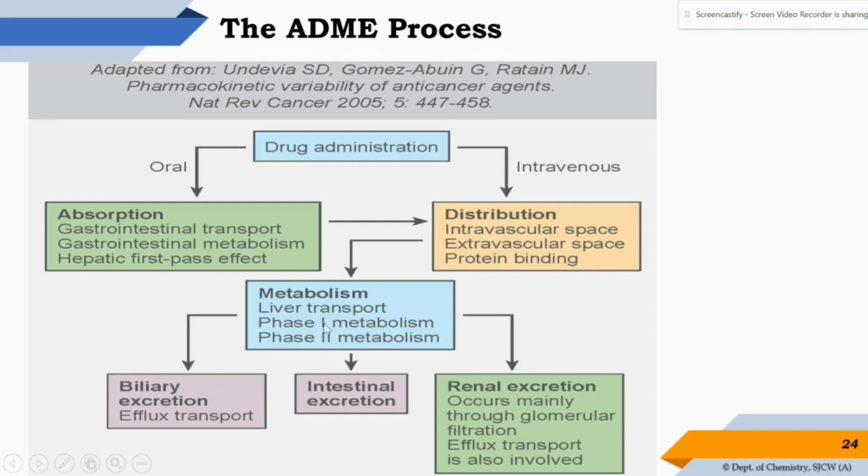In the liver, phase 1 and phase 2 metabolism, biliary excretion in the form of stools, renal excretion in the form of urine, and other minor forms of excretion. So finally we have seen that in pharmacokinetics, what the body does to the drug is it will absorb, distribute, metabolize, and finally excrete it from the body.